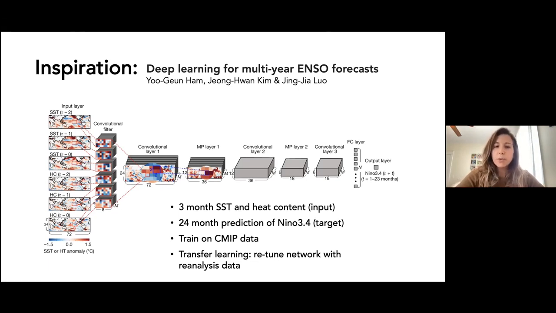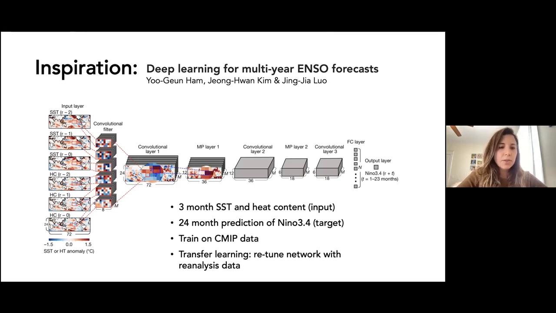I am not looking for predictions in the future, but I am interested in understanding this mechanism of relating surface maps to an array in that sense. They used a 3-month lag between the inputs and the 24-month prediction because they found that was a better way to predict Niño 3.4.